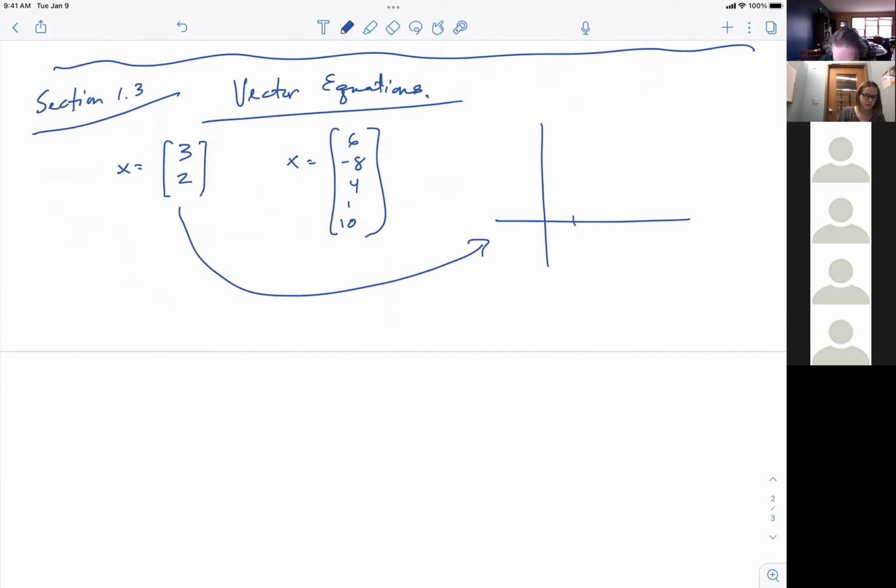If I go 1, 2, 3, 1, 2, that's the point. From algebra, we know that's the point 3, 2. But that point defines the vector 3, 2. That vector, or that ray, if you want to think of it, starts at the origin and goes to the point defined by the numbers in the vector. That's what we refer to as a vector.